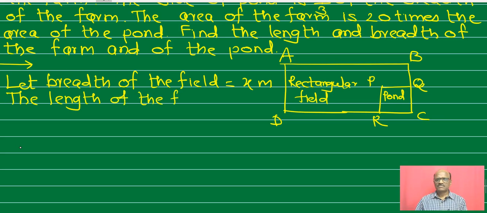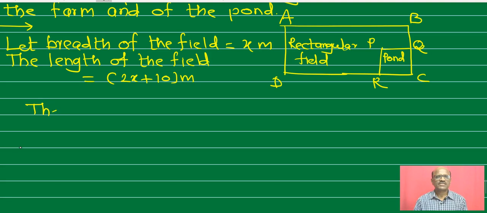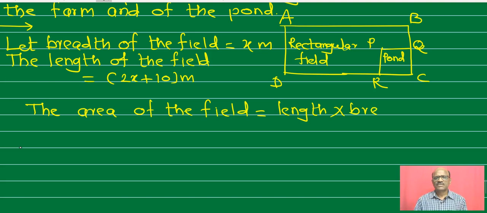Now see here. Therefore the length of the field is equals to twice the breadth plus 10, that is 2x plus 10. Therefore area of the field, length into breadth. Therefore 2x plus 10 into x meter square. That is the area.